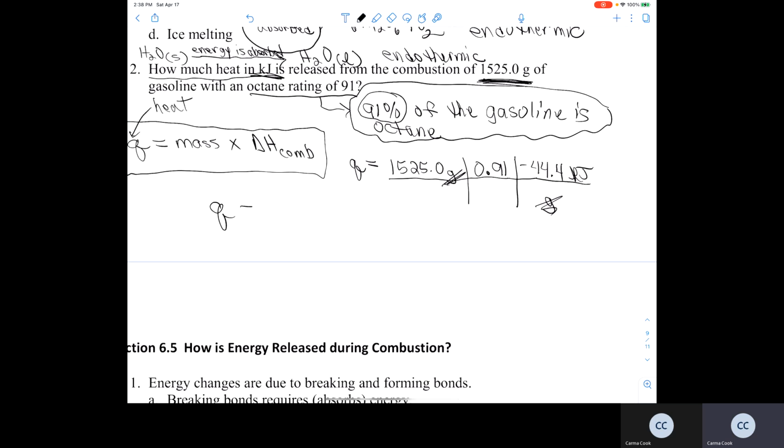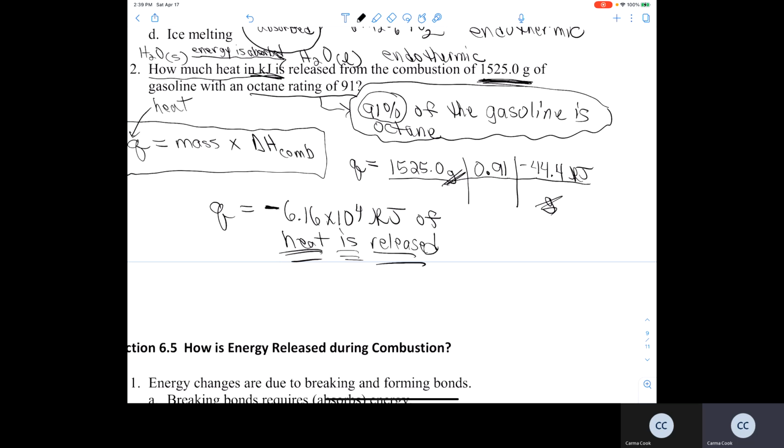We do our math, and we get a Q of negative 6.16 times 10 to the fourth kilojoules. That's how much heat is released. And because it's exothermic, that's why you see the negative sign. That means heat is released.